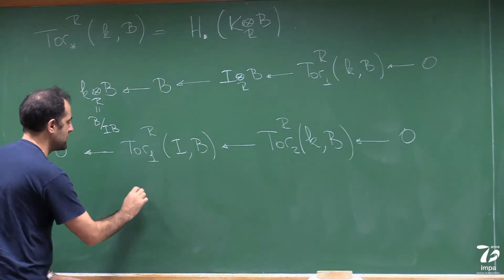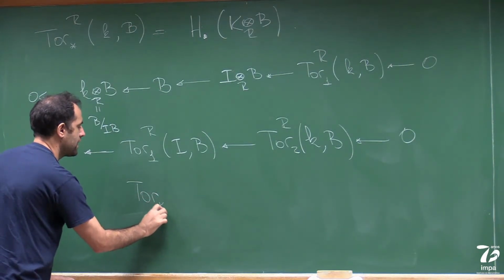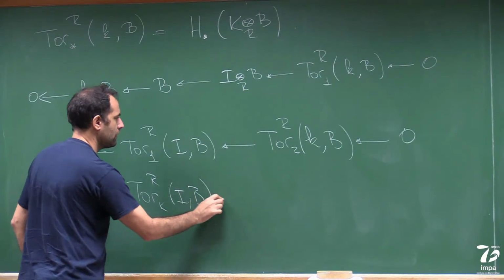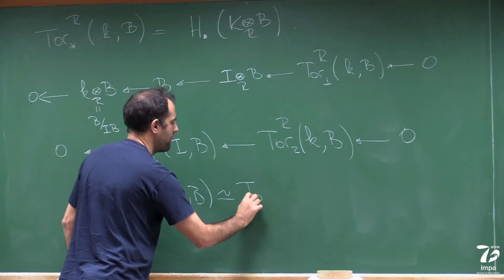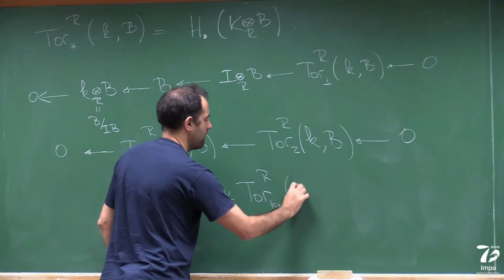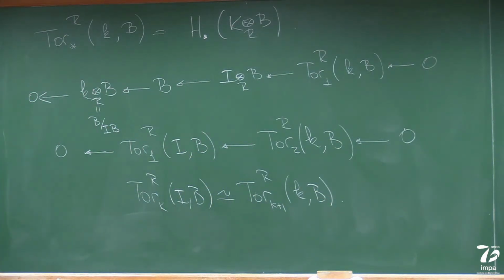So in general, we see that this is going to continue happening, and I'm going to have that Tor_k^R of (I, B) is isomorphic to Tor_{k+1}^R of (K, B).